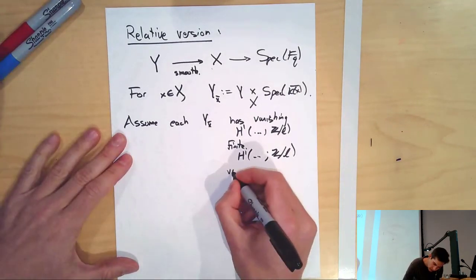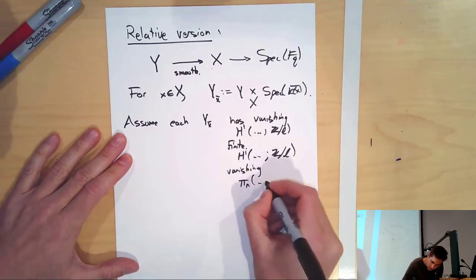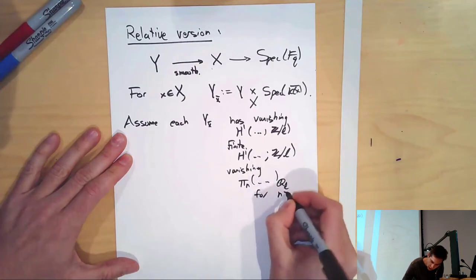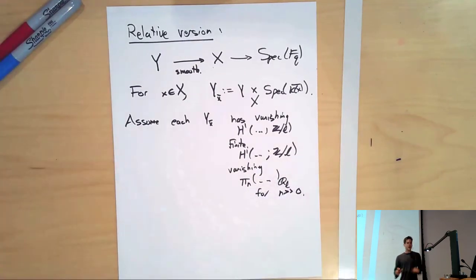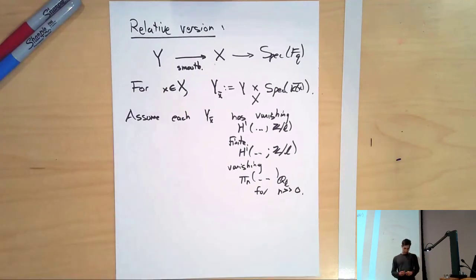And so I'll say also have vanishing pi n with QL coefficients for n sufficiently large. And that, moreover, I want to assume that this is true uniformly, meaning the n, I can choose my n so that it works for all the points x of my variety.